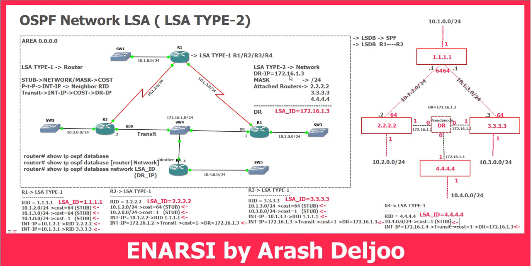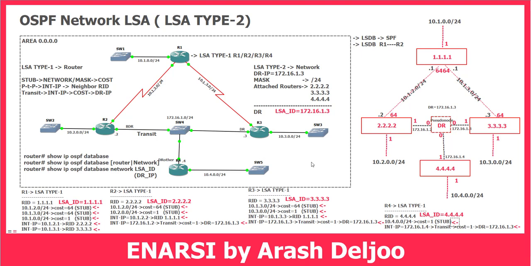information. Because of that, now we know why we need LSA type 2, because we should create one virtual router in mind in the topology of other routers, okay? And because of that, we need, for example, LSA type 2, and you know that LSA type 1 should be sent from all routers in one area, but LSA type 2 should be sent only by the DR. The number of LSA type 1 equals the number of routers in one area.